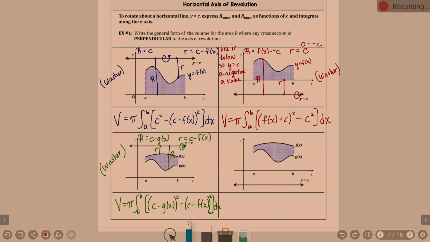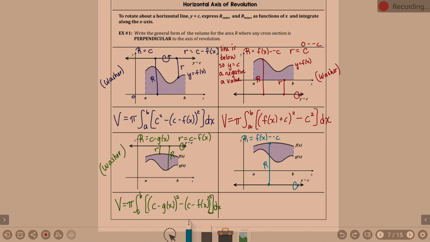Okay. Now, c is below, yes? Okay. Where's big R? C to f of x. How are we going to write big R? F of x plus c. For the purposes of what we're doing, I'm writing it as f of x minus negative c at that point. Yes, it's plus c, but I just want you to think, why is it plus c? If that makes sense.